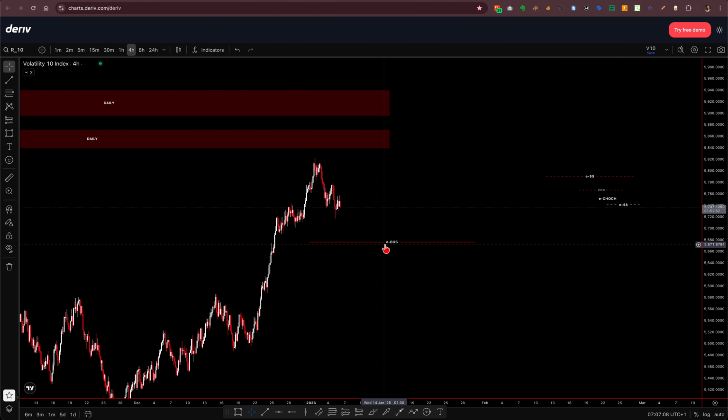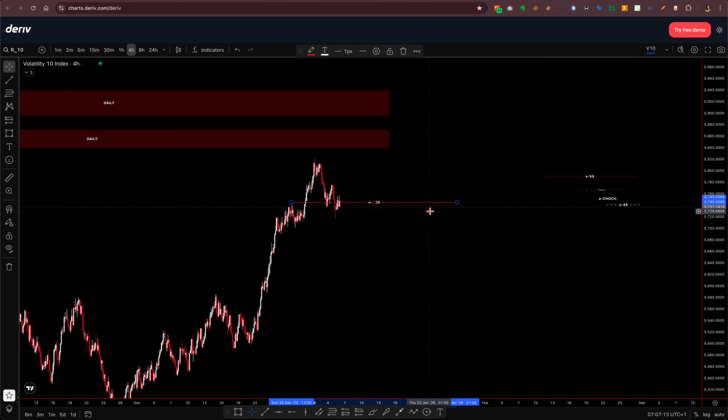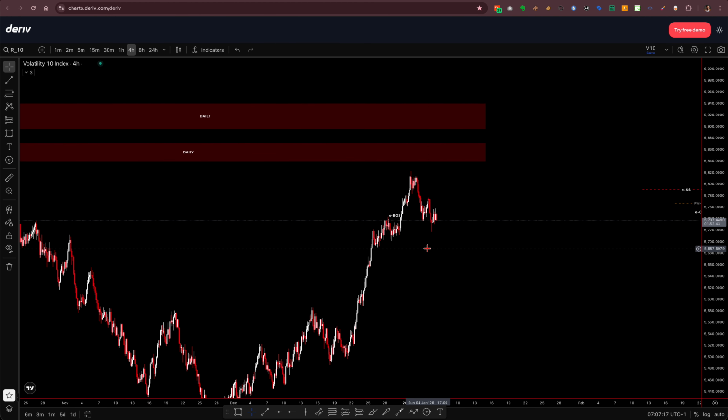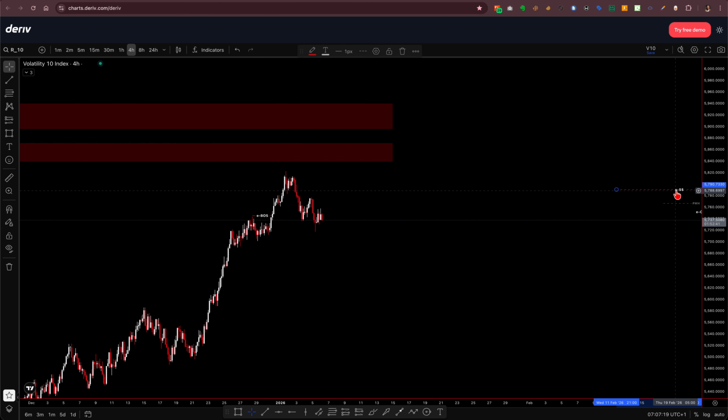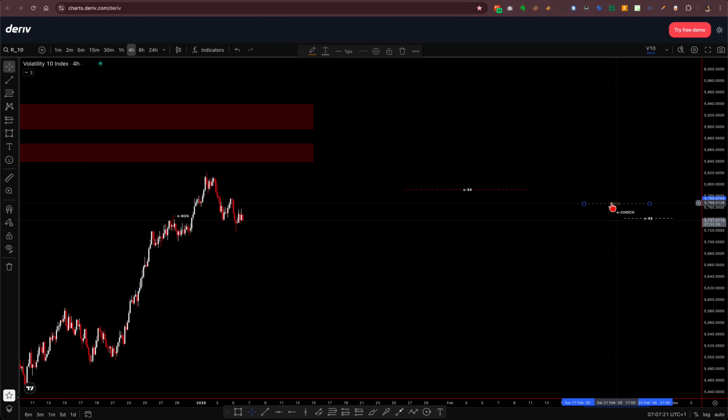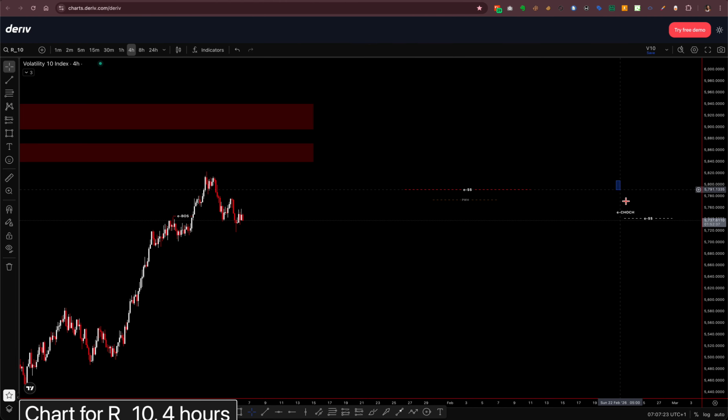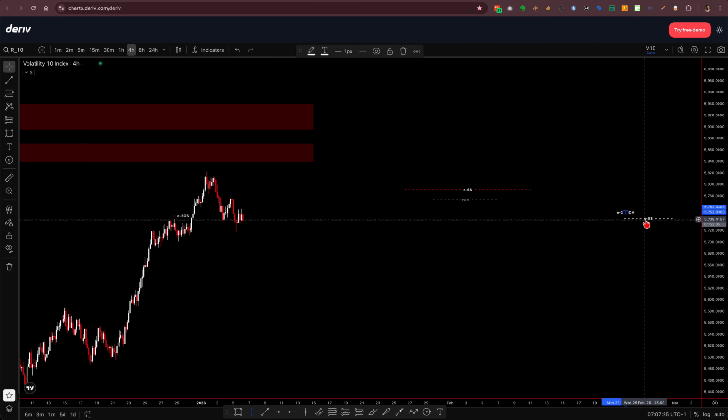Okay, this is the recent major break of structure, which I call the external break of structure. I just keep these guys here. You know, in Deriv you can't really save templates, so I just keep them here to reuse.